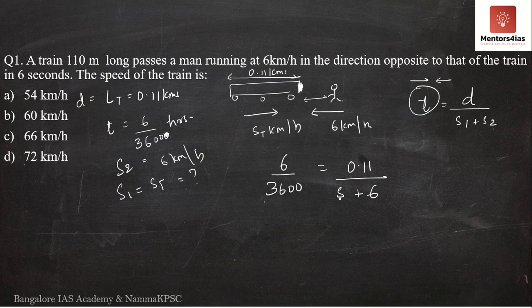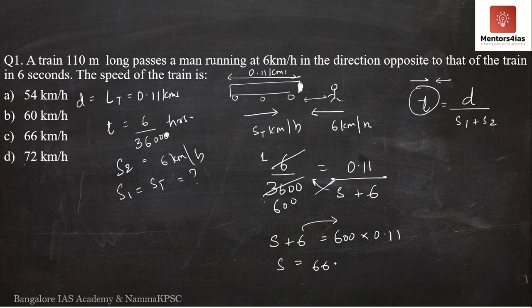Now we have to determine the value of S. Cross multiplying, 6 by 3600 becomes 1 by 600, so S plus 6 is equal to 600 into 0.11. Taking 6 to the right hand side, 600 into 0.11 is 66, minus 6. Therefore, S is 66 minus 6, that is equal to 60 kilometers per hour.